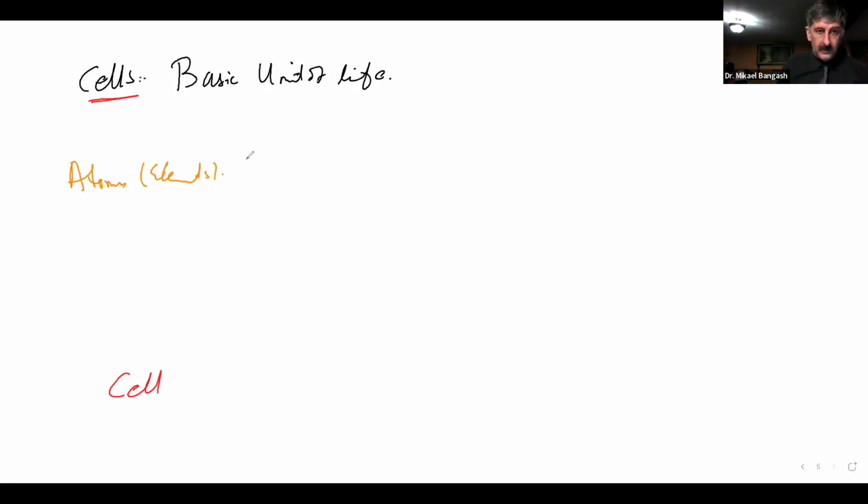This was just any basic unit of any matter. We said that these atoms or elements became what we call molecules, or compounds.